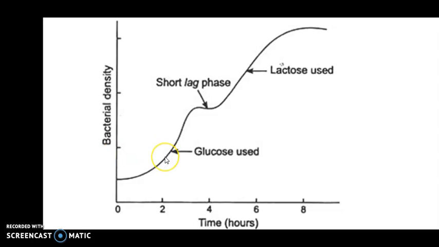In this you can see that the glucose is first used and then it is followed by lactose, and you can see that there is a short lag phase in between. In this lag phase, the bacterium synthesizes the enzyme that is needed for the use of lactose from the medium.